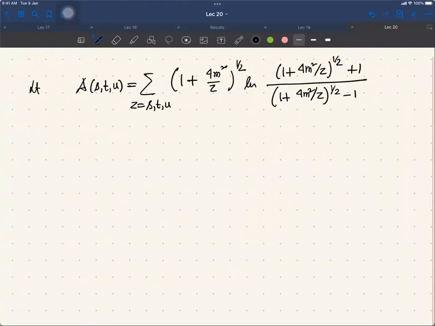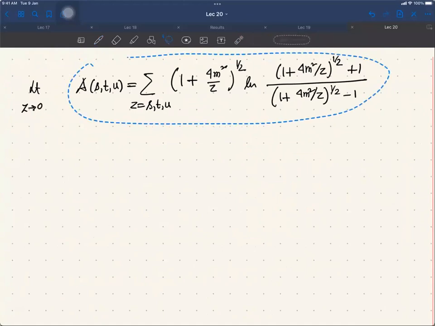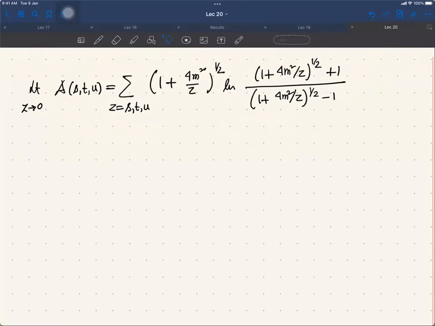So p going to 0 means z goes to 0, because all p_i going to 0 means each one of them, s, t, and u, is going to 0. So the limit z going to 0, that's what we are calculating.